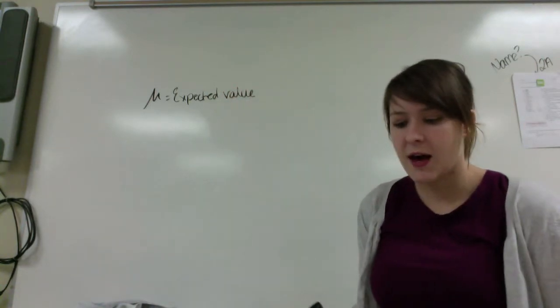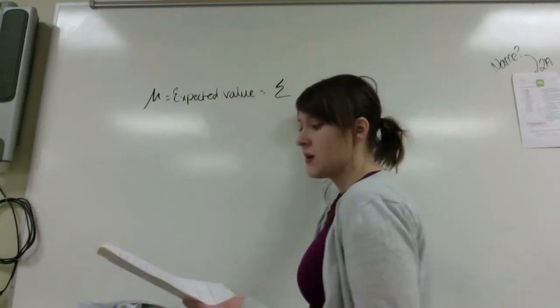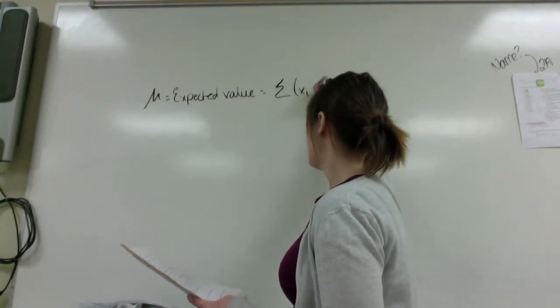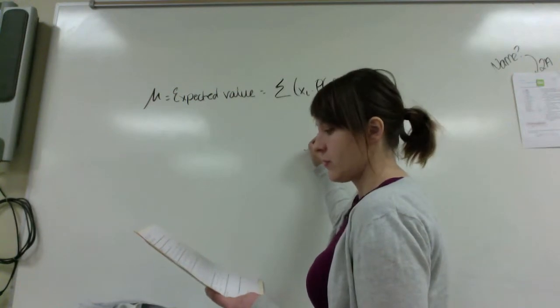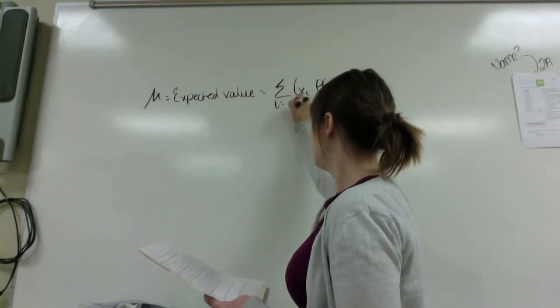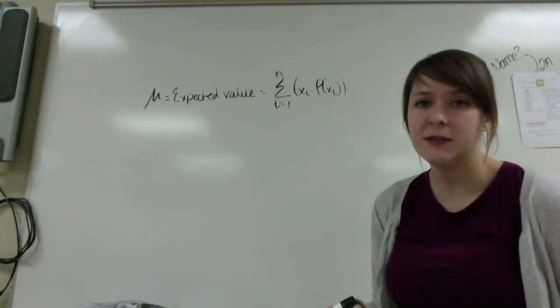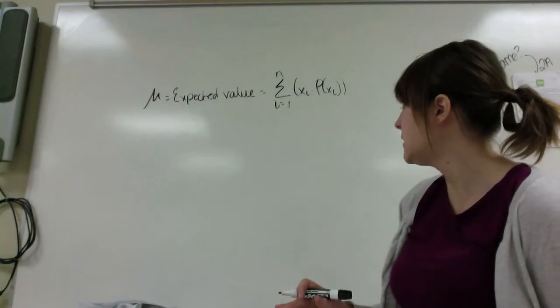The formula for that is, we're using our summation notation, the sum of your x sub i times your p of x sub i values from i equals 1 up to n. That seems a little confusing, but I promise you it's actually really, really easy.